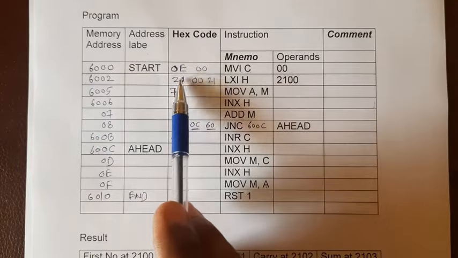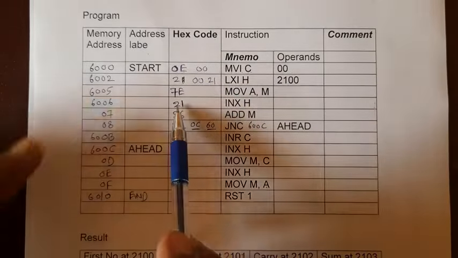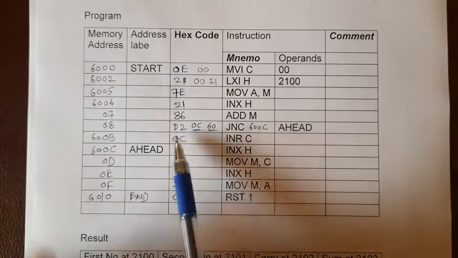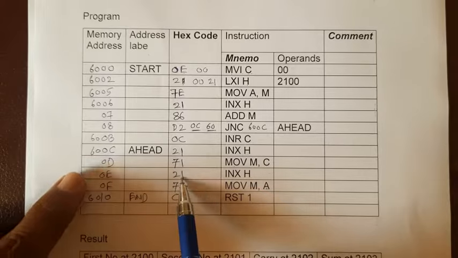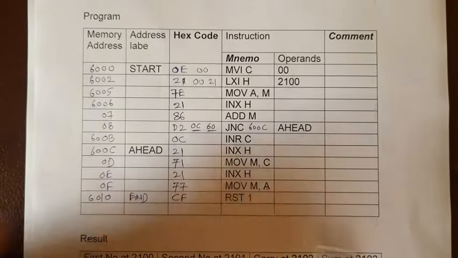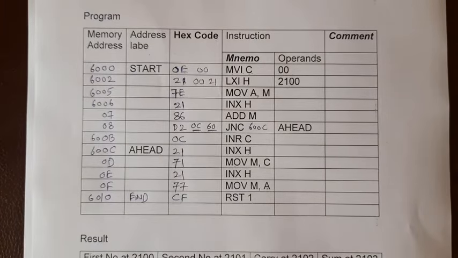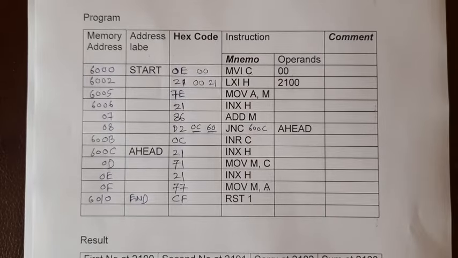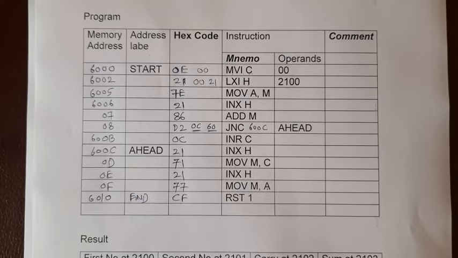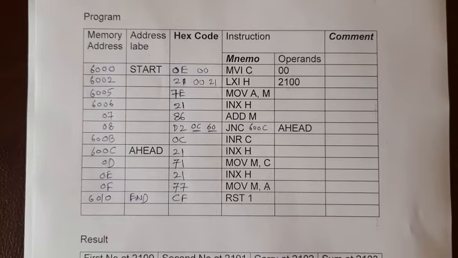It is 0, 1, 2, 3, 4, 5, 6, right, 7, 8, 9, A, B, yes, C, D, E, F and 10. Therefore now the program is ready with me, and what I will have to do is load the program in the memory and execute it.